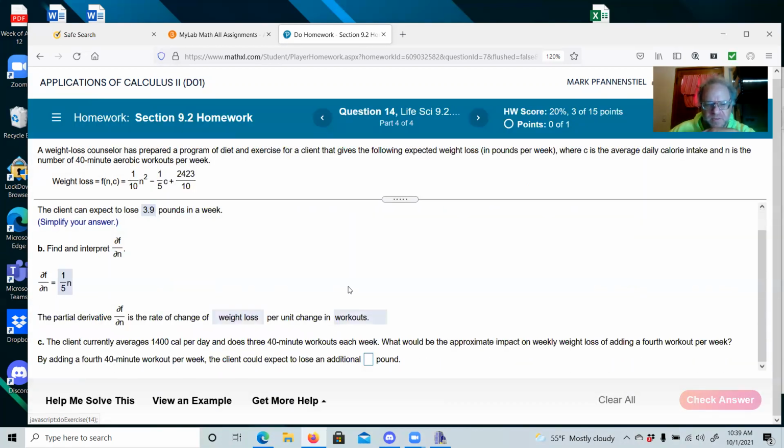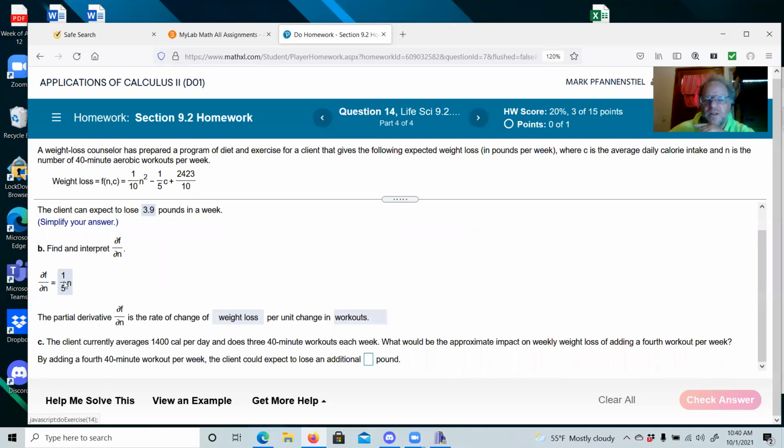Okay, so thank you very much for giving me a clue. The client currently averages 1,400 calories a day and does 3 40-minute workouts per week. What would be the approximate impact on weekly weight loss by adding a 4th workout per week? Well, going from 3 to 4, we would get one more of these things.